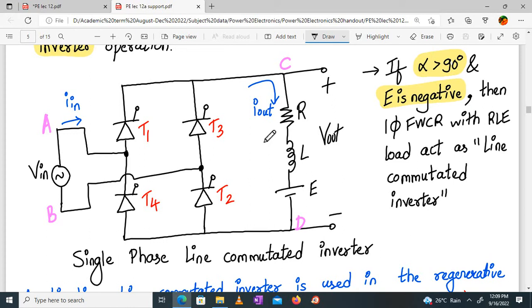Now try to draw the waveforms on your own first. Start. First draw V in, then Ig1, Ig2, Ig3, Ig4, then output voltage, V out, then output current, input current, and you can also draw voltage across the SCRs.